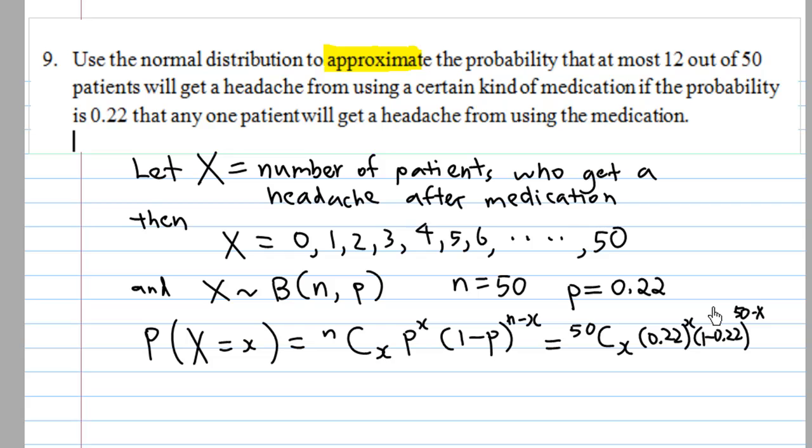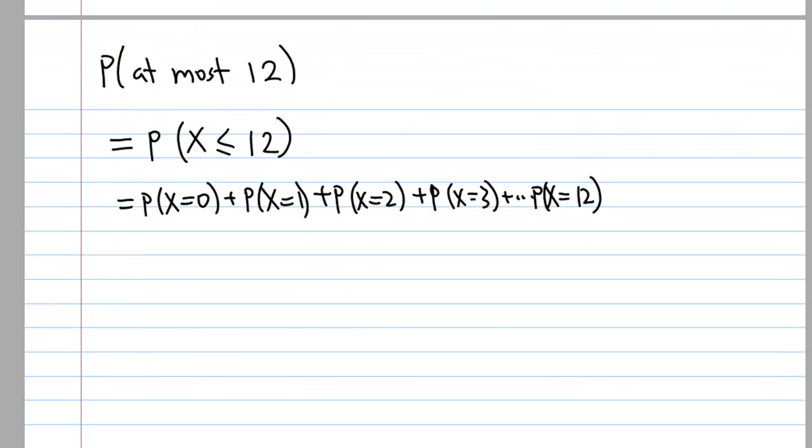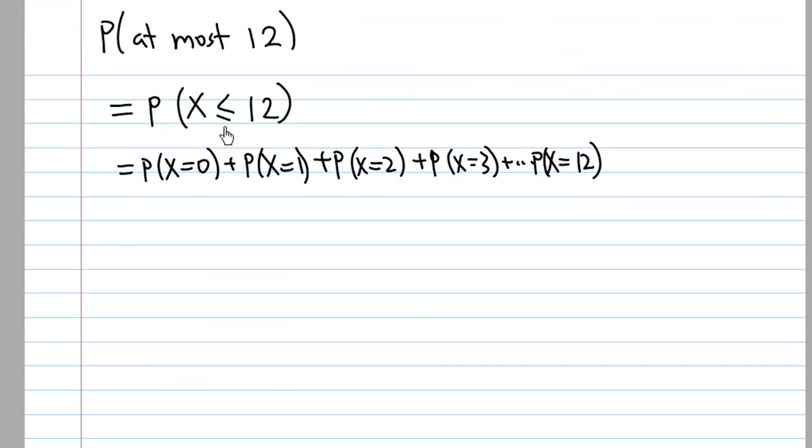And we are looking for the probability of at most 12 out of 50 will get a headache. So we're looking for the probability of x less than or equal to 12. And this is equal to the sum of the probability of x equal to 0 plus the probability of x equal to 1 plus the probability of x equal to 2, all the way to the probability of x equal to 12. Altogether, there are 13 terms.